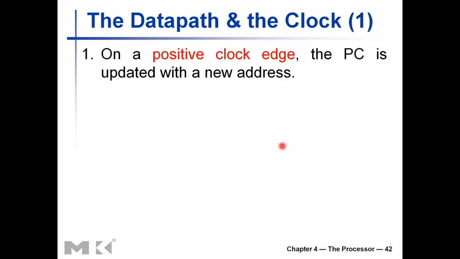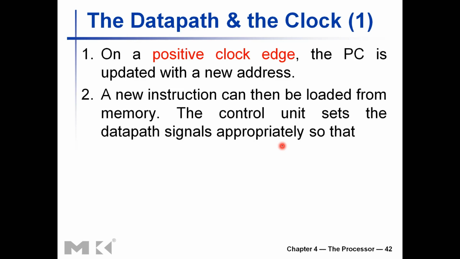The moment the PC gets updated, that updated value goes to the instruction memory, and from that location you can read an instruction word, the next instruction to be processed, which is brought into the CPU.